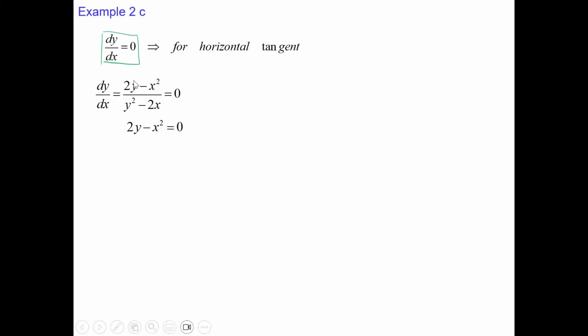We just want the numerator to be 0. When 2y minus x squared is 0, then the whole derivative is 0, and the slope of the tangent at this point is 0. But we have a small extra step to think about, because I cannot really solve this, since it doesn't depend only on x, as it would with a normal explicit function.